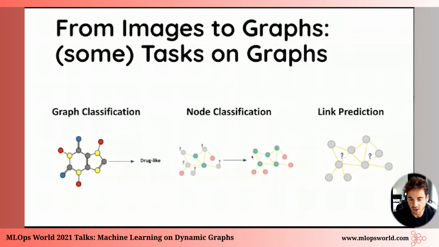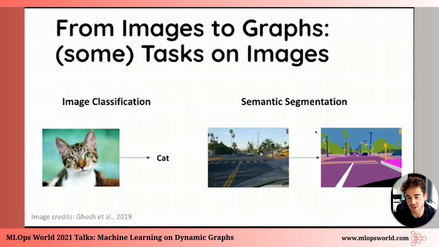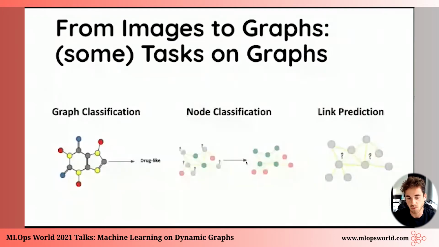So we want our model to take this as input and be able to predict the classes, the political leaning, for the unknown nodes. This is quite similar to semantic segmentation, in the sense that you can think of semantic segmentation as pixel classification. You want to put each pixel into a class, and also here, we want to assign to each node a class. So there is another relation there.